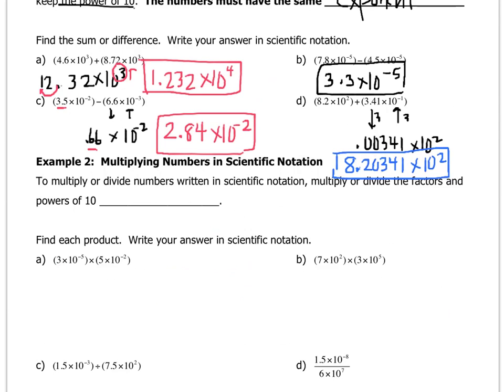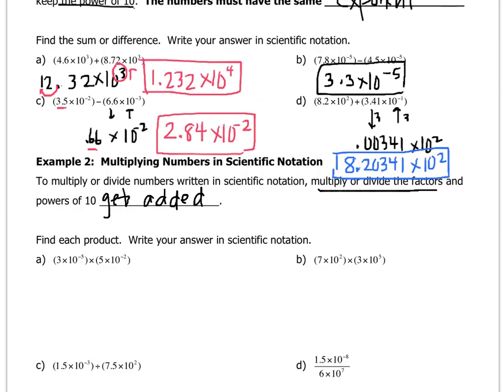When you multiply or divide numbers in scientific notation, you multiply or divide the factors, and powers of 10 get added. Remember our MAD SPAM rules? So when you're multiplying numbers, you add the exponents. This one's a little friendlier than the first example because you don't have to do much modification.